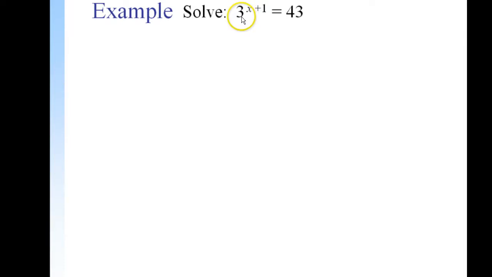Notice it's a little more complicated. Here our base is 3. Here our base is 43. Well, there's no way we're able to get a base 3 here because there's no perfect power of 43. 43 is prime. So here we're going to use the log system.